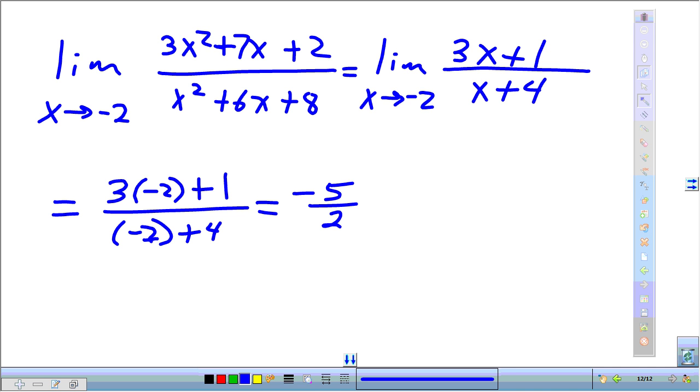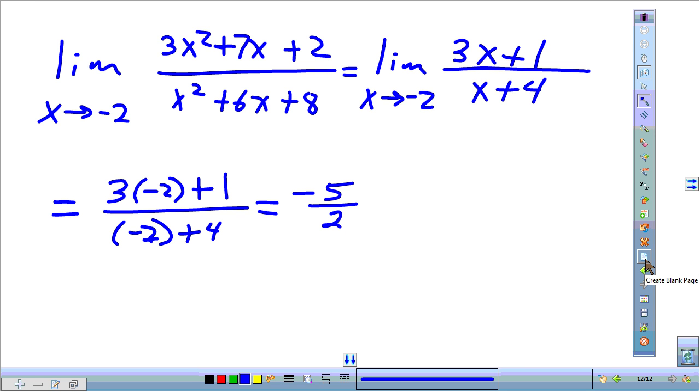And so that would be my limit. So this was the case where I started with 0 over 0, which told me that x plus 2 is a common factor of numerator and denominator. And so I simply divided it out of both. And we have different methods for that.